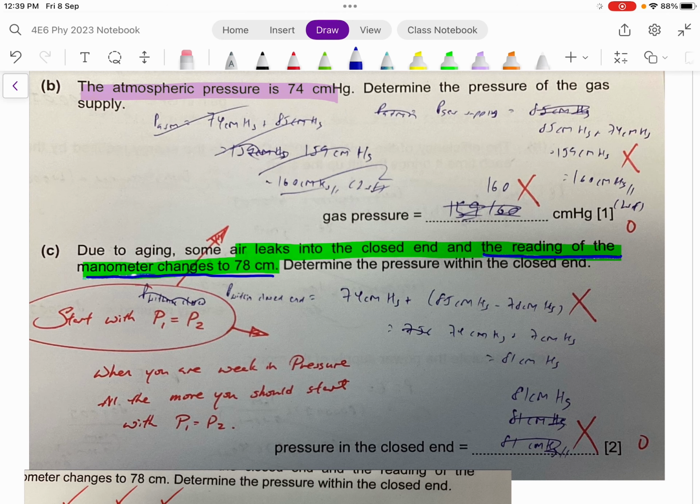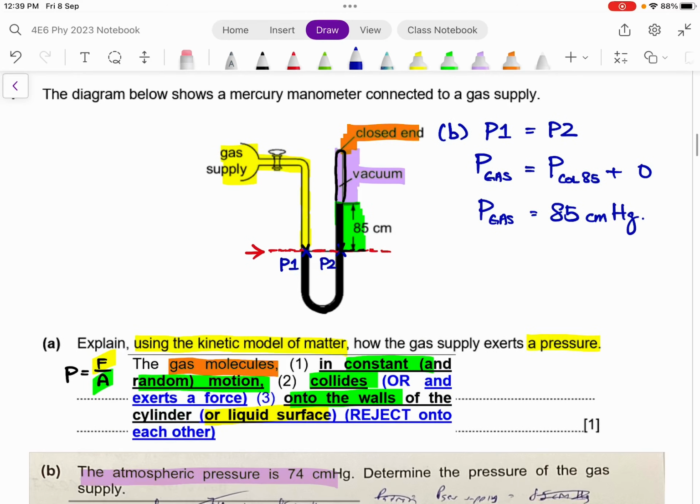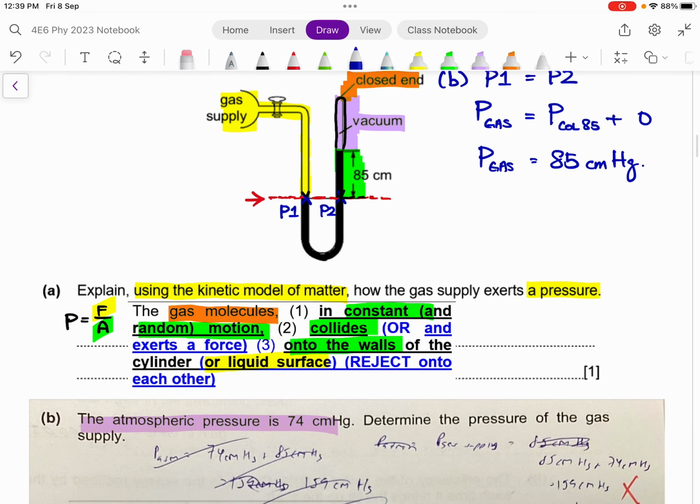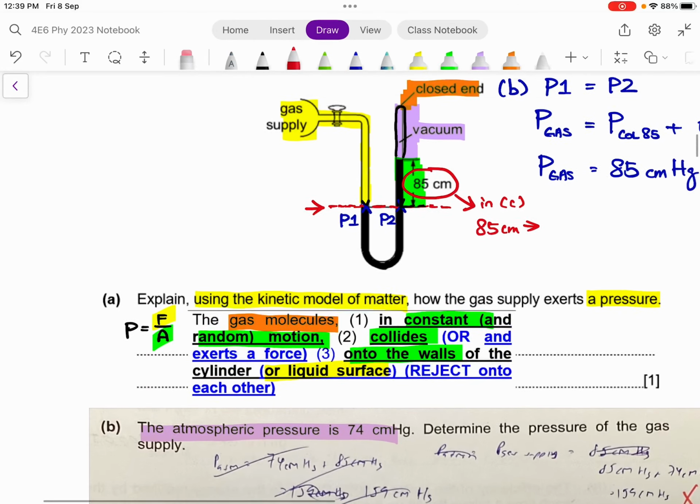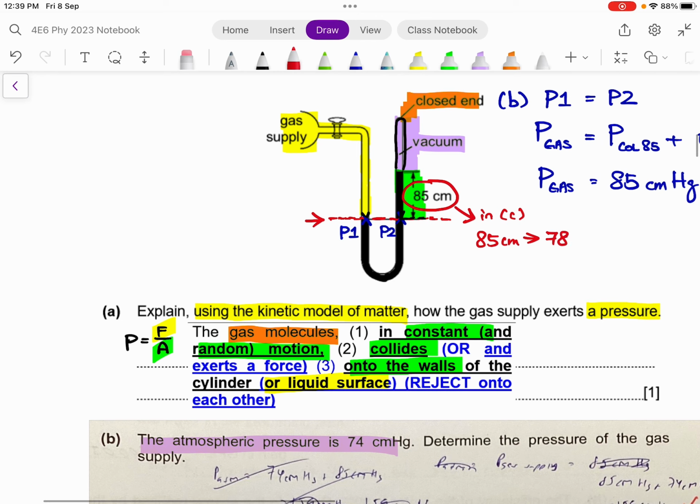For those who didn't know, this value in part C has changed. This is referred to as the reading of the manometer, 78 cm.